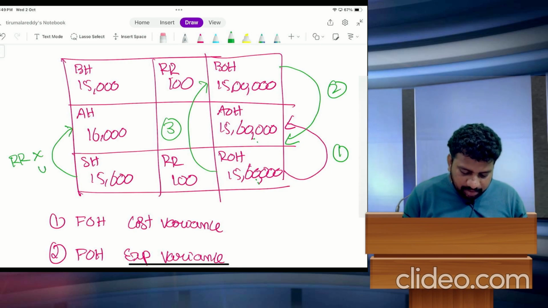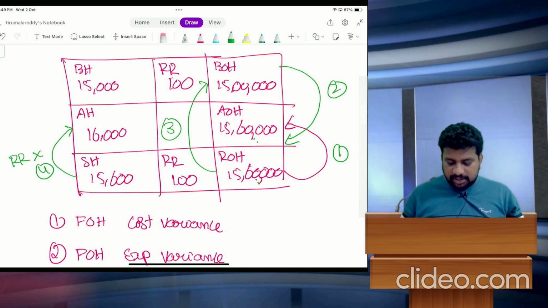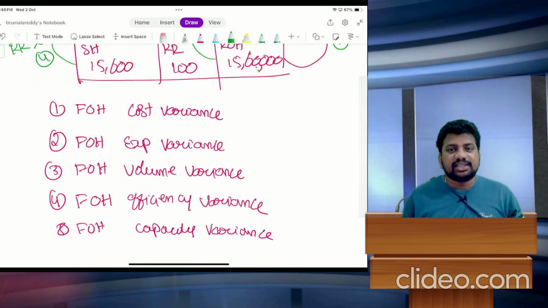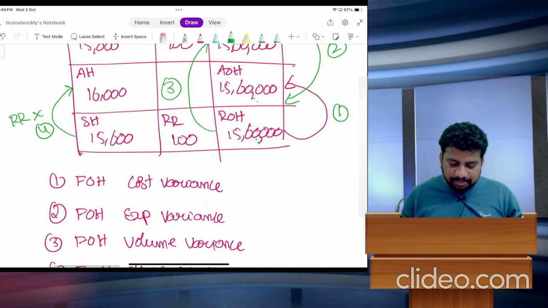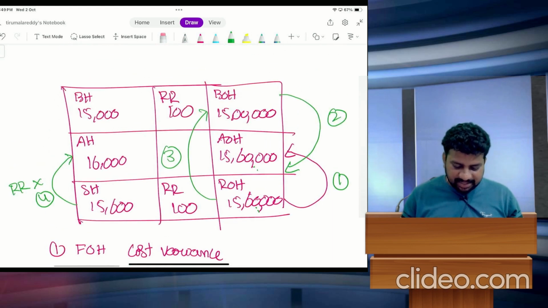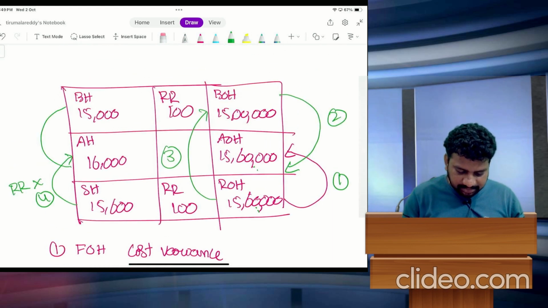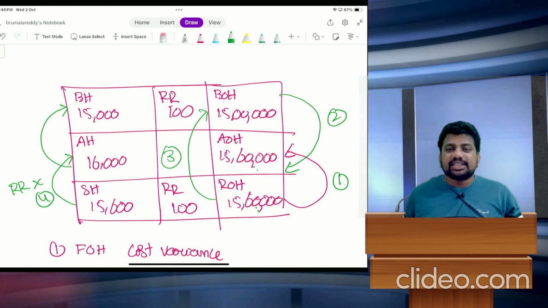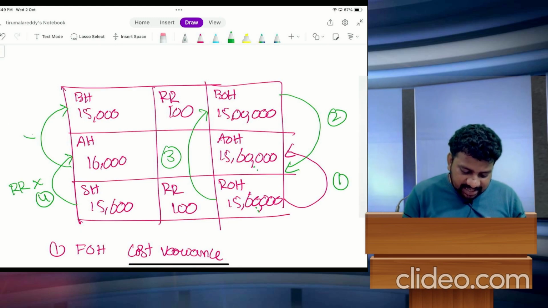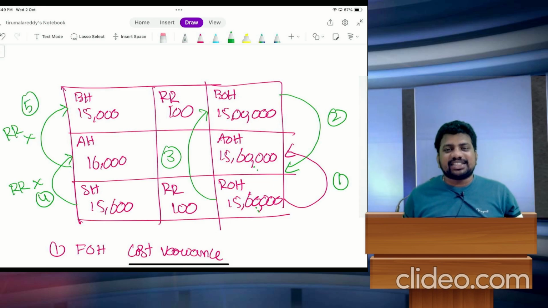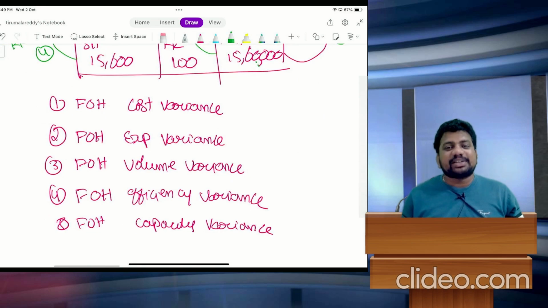This will give me the fourth variance's answer, that is efficiency variance. So the efficiency variance formula would be SH minus AH multiplied by the RR. Next, AH minus BH again multiplied by the RR gives you the fifth variance's answer. What is the fifth variance? Capacity variance.